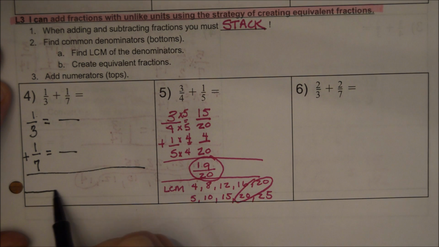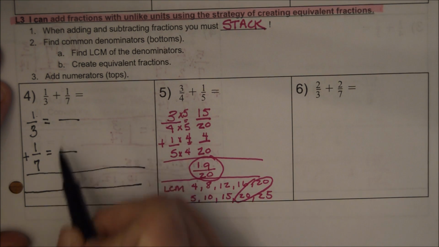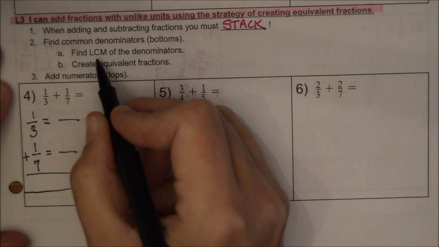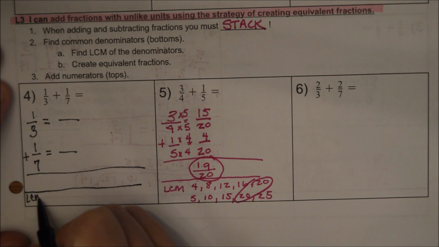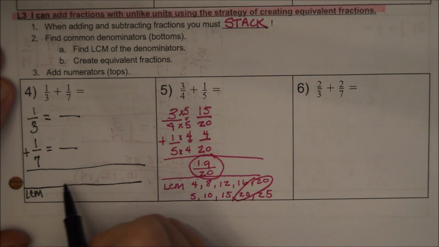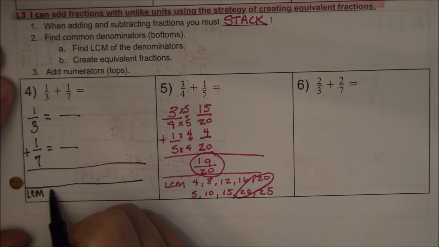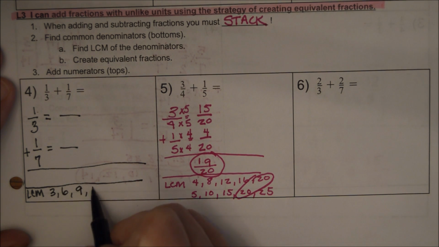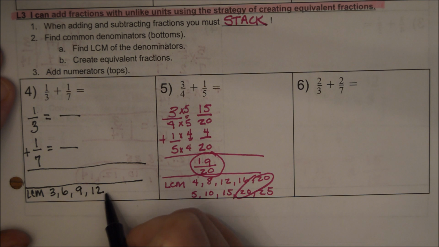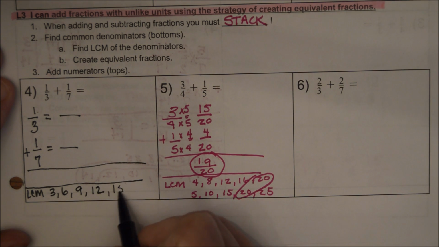What do I need to do to find my denominator? I need to find my LCM of the denominators. So LCM, and I've got to go a little bit below because I'm a little bit out of room here. Let's skip count. 3, 6, 9, 12. Did I miss one? 3, 6, 9, 12, and 15.